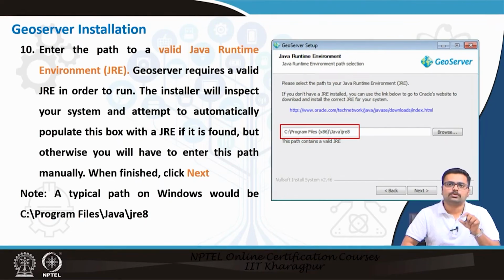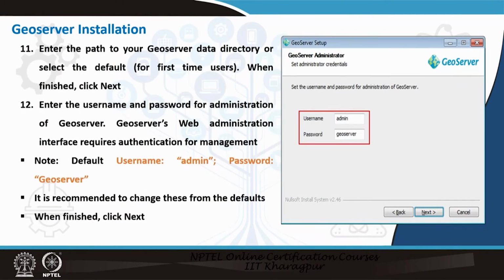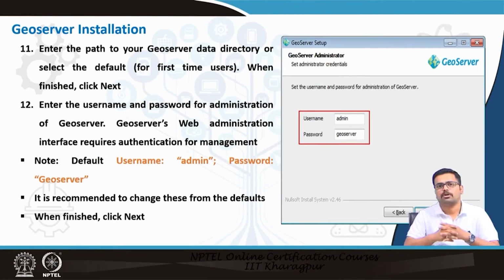You just need to browse to the C directory and just browse to the folder where you have kept the Java JRE8 file. So once this is done, it will take you to the next tab wherein it asks for the Geoserver username and password. So by default the username and password will be admin and geoserver.